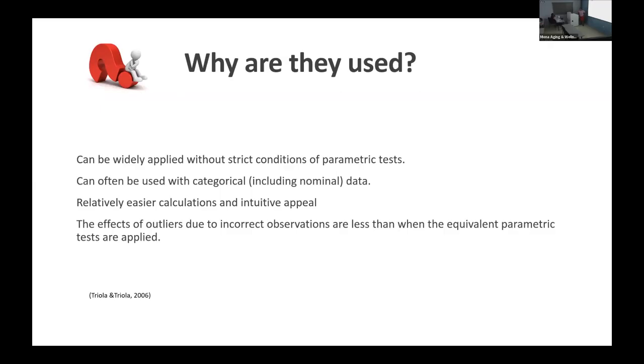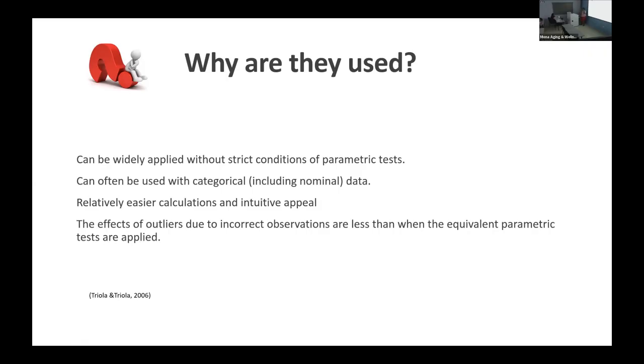If that is the case and you do not wish to transform your data, you can go ahead and apply a non-parametric test, because these tests can be widely applied without the strict conditions of parametric tests. You'll also find that you can use them with categorical data. For some of them, you can use them to analyze nominal data, which is kind of rare when we were looking at different tests last semester.